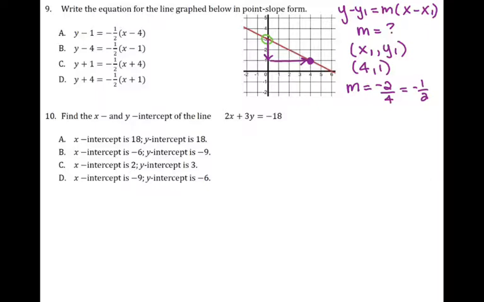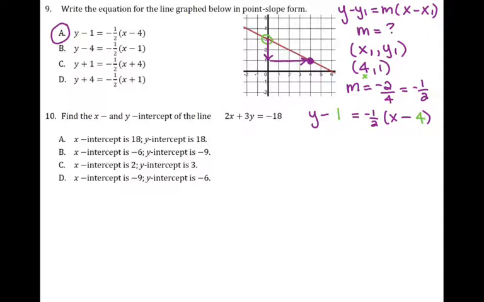When I'm writing my equation in point-slope form, it's y minus my y equals m times x minus my x. Now, if I look at my points, my x-coordinate was 4, my y-coordinate was 1. So I should have y minus 1, which tells me right away that my answer is letter A.